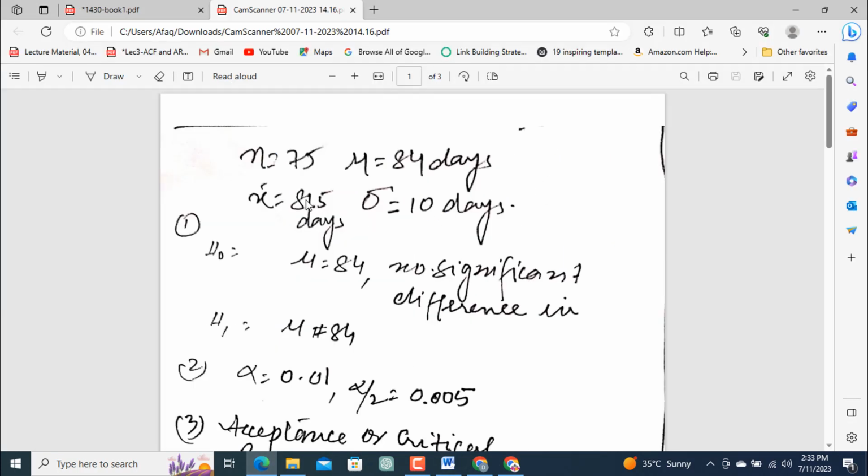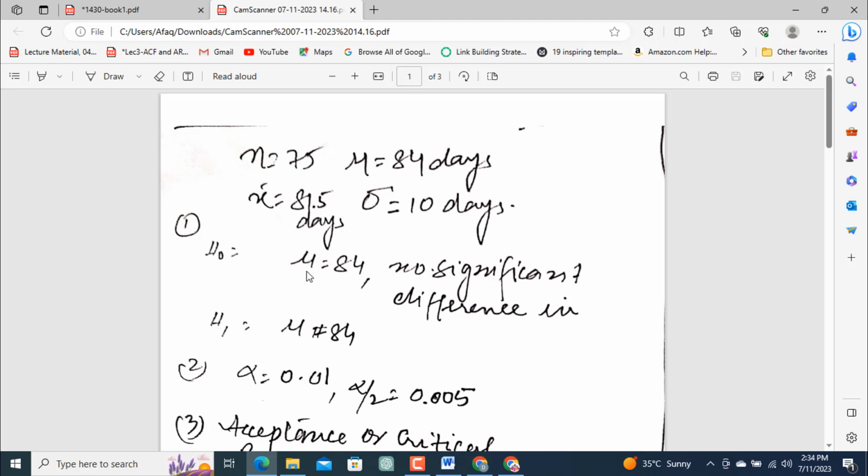Here is the solution. I have gathered all the given information here. n is equal to 75, the sample size, mu is equal to 84 days, x bar is given for the sample size 75 as 81.45 days. Standard deviation is also given as 10 days. Now we are going to handle the first task by stating the hypotheses.